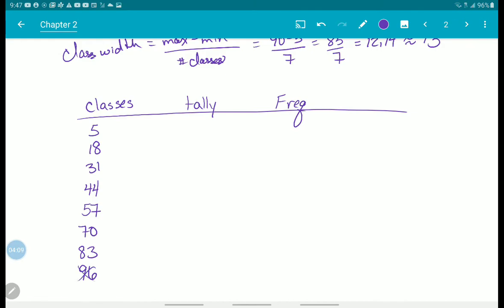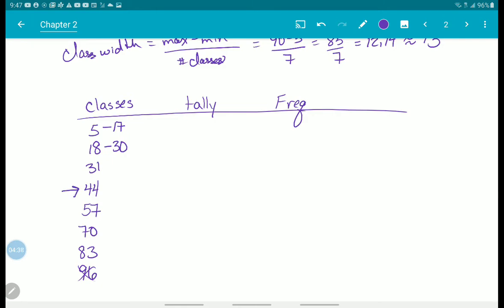Now we've got the lower class bounds. Let's talk about the upper class bounds. If the second class starts at 18, then the first one has to stop at 17. If this one starts at 31, this one has to go to 30. So you can use the lower class limit of the next class to figure out the cutoff point for the class behind it.